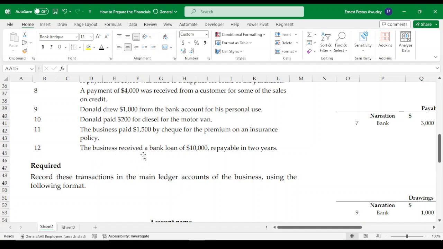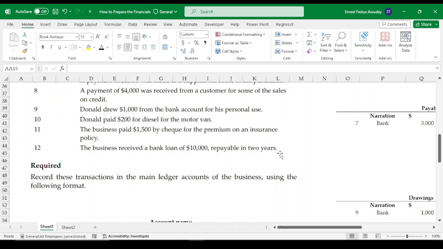The business received a bank loan of 10,000 repayable in 2 years. So as I explained, we have liabilities. Now the bank loan is a liability, but this is a form of non-current liability.